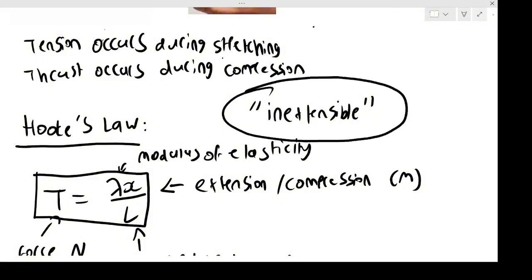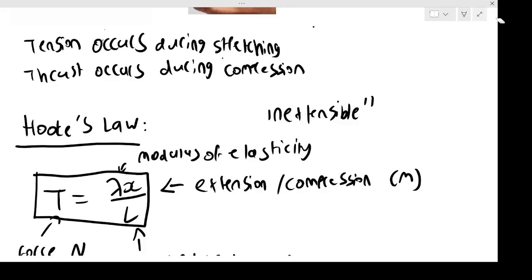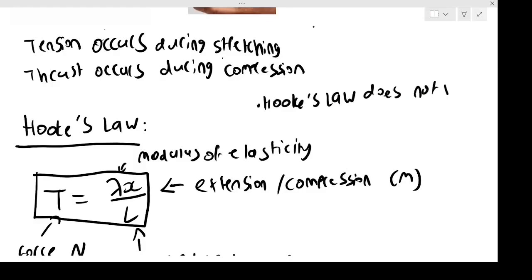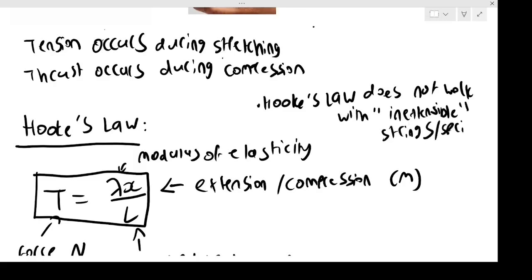So what we're going to do in this chapter is look at strings that are extensible, which allows us to use Hooke's law. So I'm going to write: Hooke's law does not work with inextensible strings or springs.